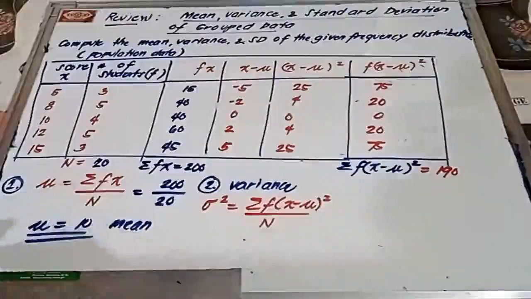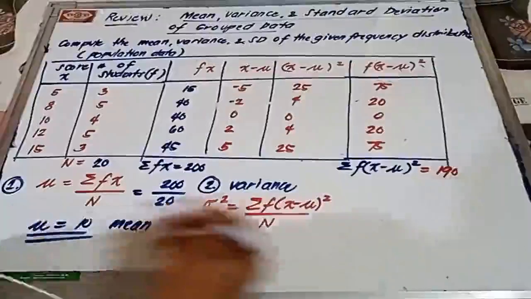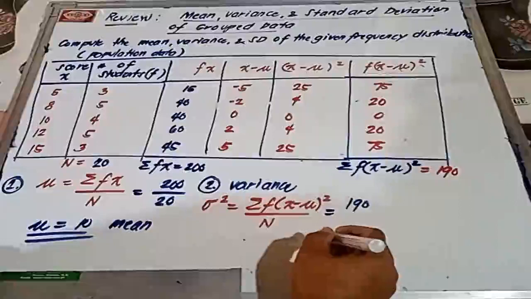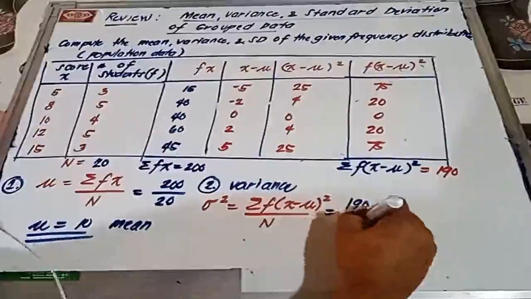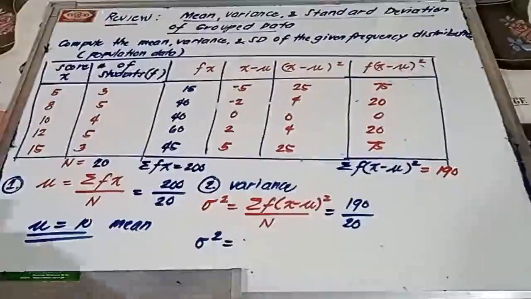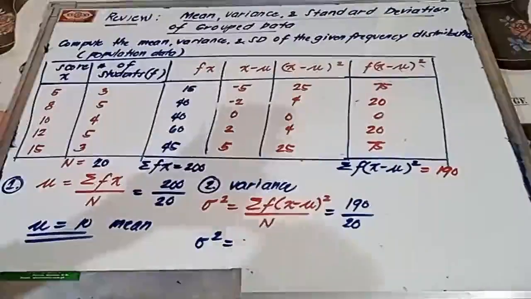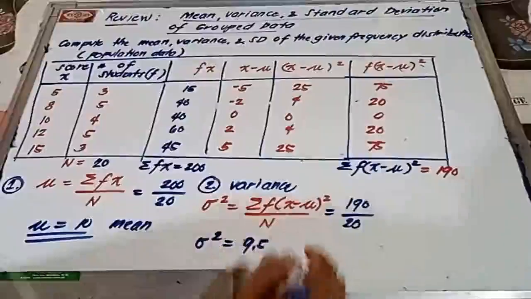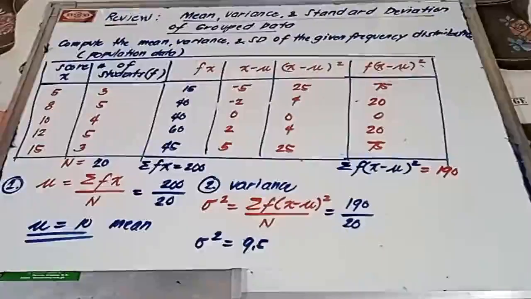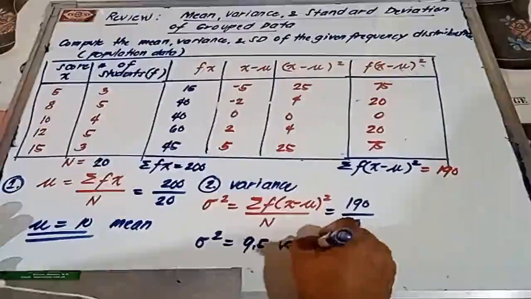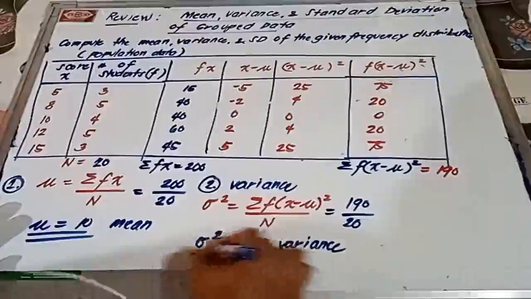So we have 190 divided by 20. So the variance is equal to 190 divided by 20 equal to 9.5. Okay? So the variance equal to 9.5. Okay? So ito yung ating variance.